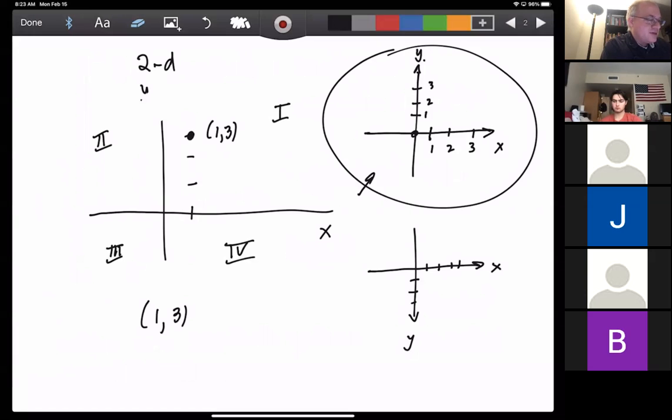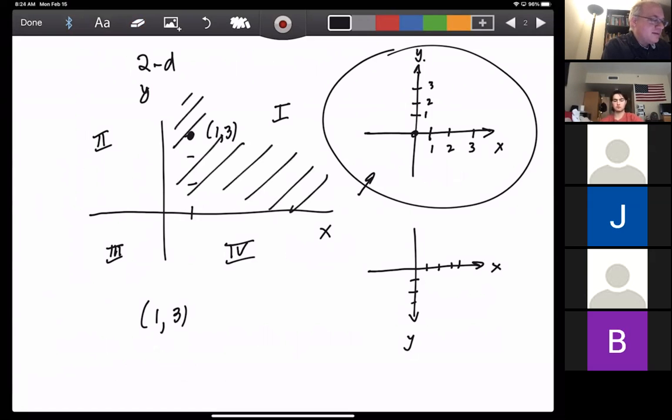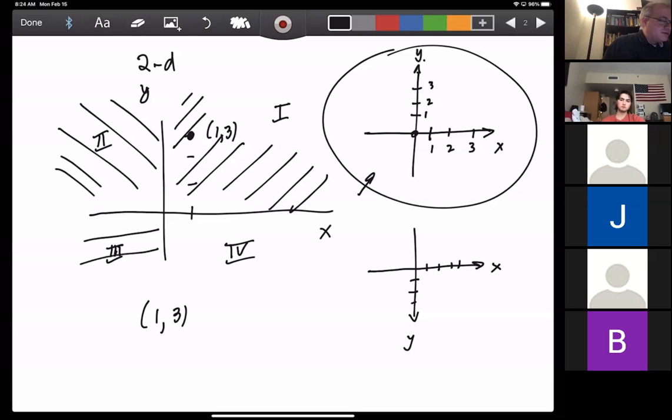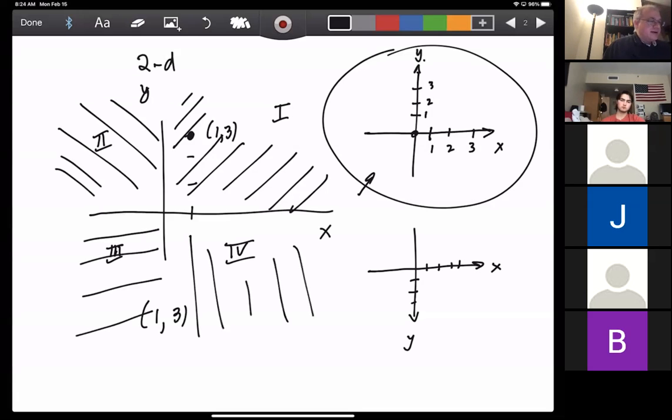So the first quadrant, the first quarter plane corresponds to this region of the plane. That's the quarter plane where x and y are both positive. And then we have the second quadrant, the third quadrant down here, and then the fourth quadrant down here.